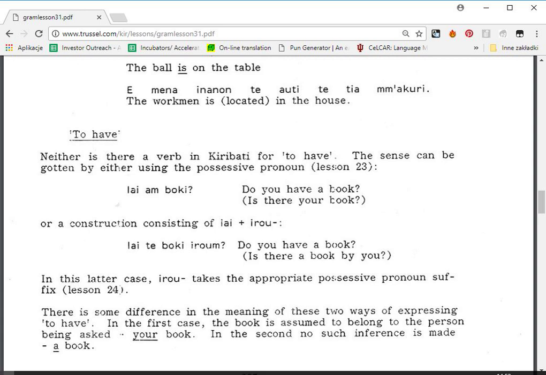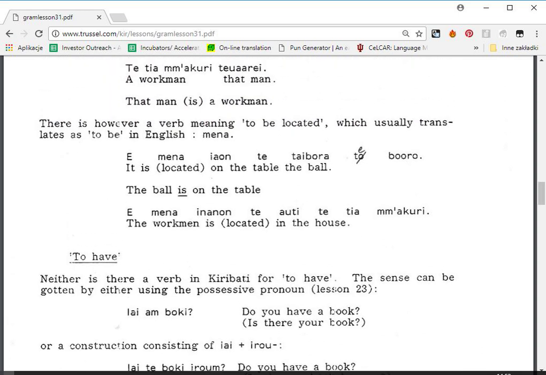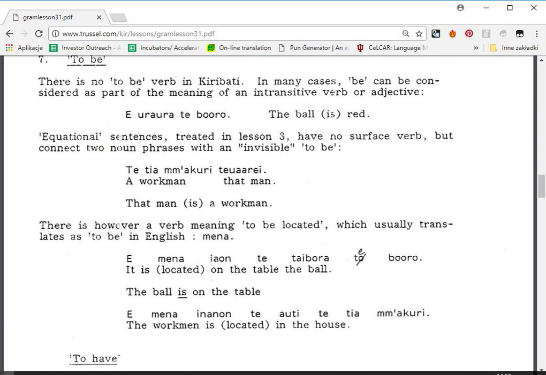One thing I definitely notice is that e and e, meaning he, she, it, and I go at the beginning of the sentence. That's very helpful. And then I believe the verb goes right afterwards. So as seen here, e mena iaon te taibora te boro. So it is located on the table, ball.